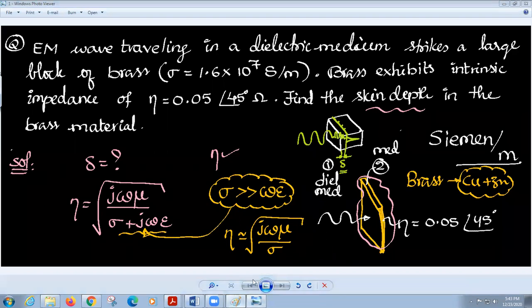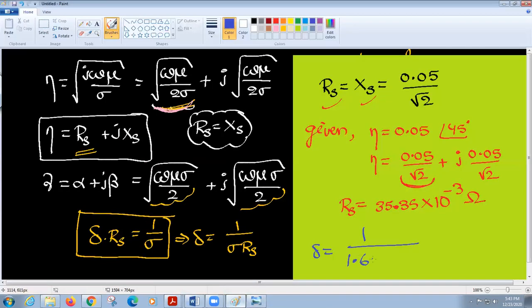So therefore I have sigma as 1.6 times 10 power 7 multiplied by RS, and RS we got as 35.35 multiplied by 10 to the power of minus 3. You just find it and you get some answer, millimeter, micrometer, whatever, just take it. Generally delta is measured in micrometers. In SI units you can take it in meters. Generally you fall like this, micrometer or millimeter, for delta.